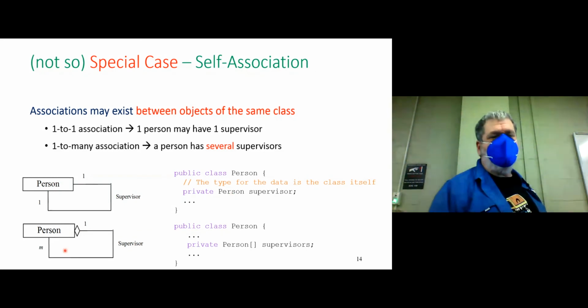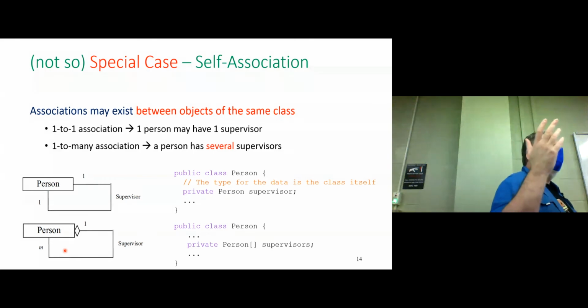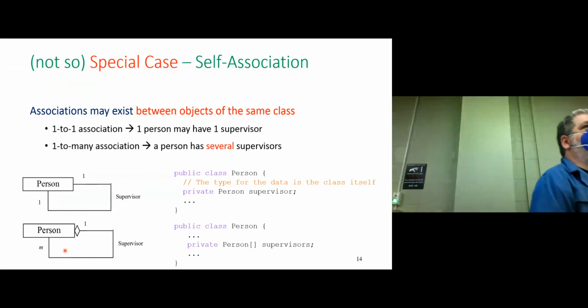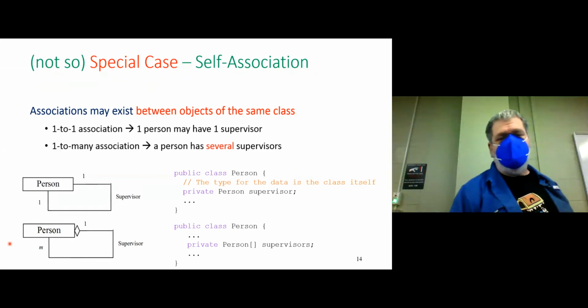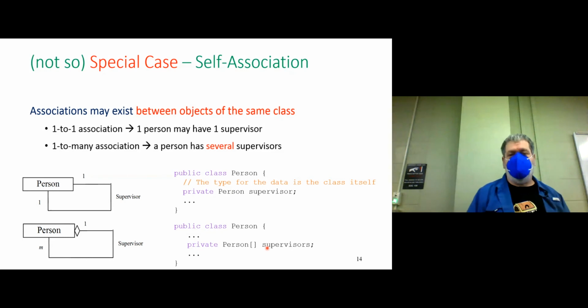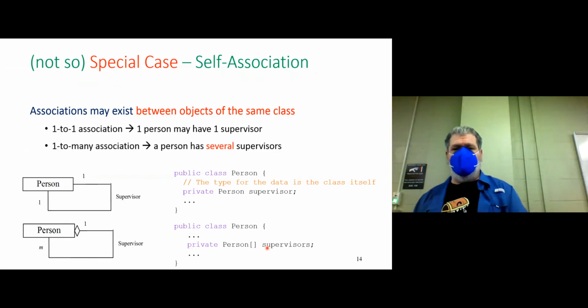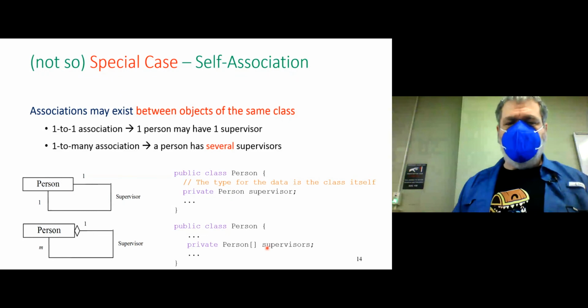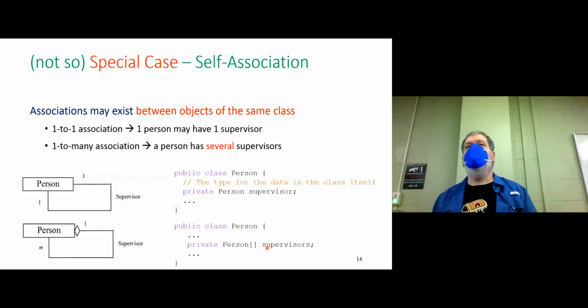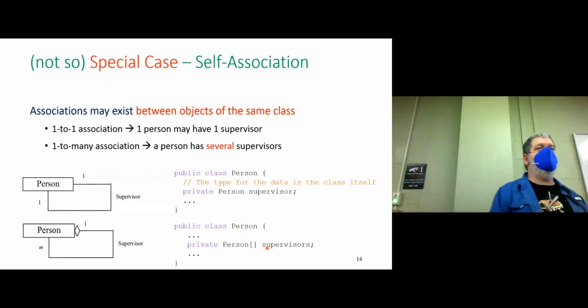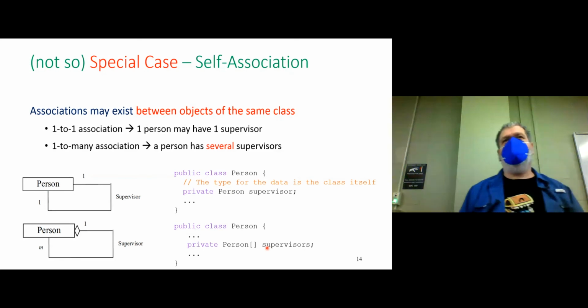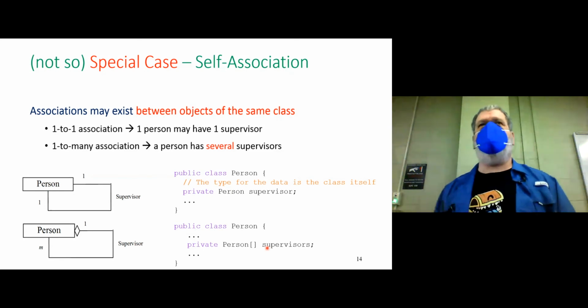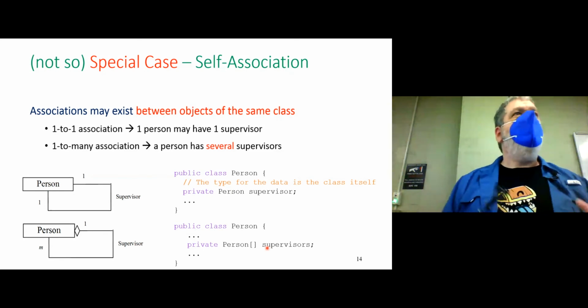But what about when you have up to n? Like 5 to 60 students can enroll in a course, for example. Well, this is where you are going to start using arrays. So for example, here in the second example, in the class person, we have an attribute named supervisors. So now we allow everybody to have multiple supervisors, lucky person.